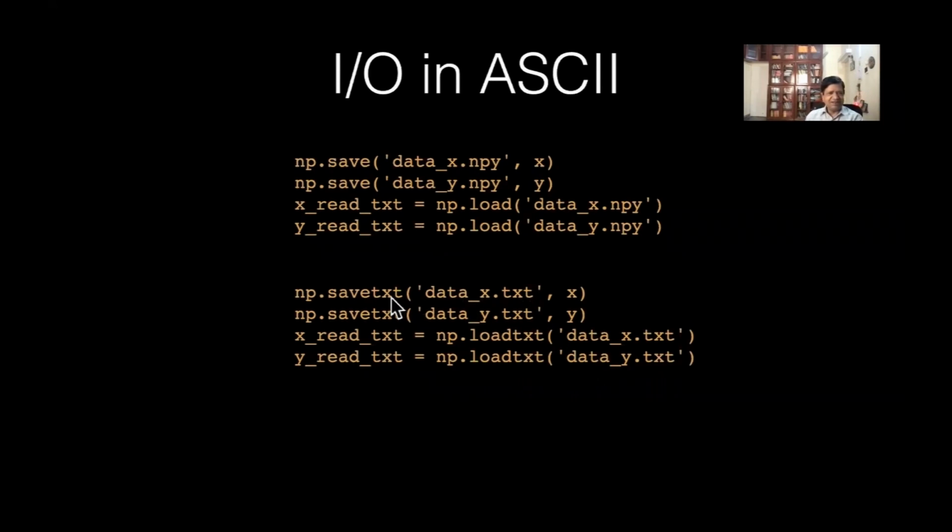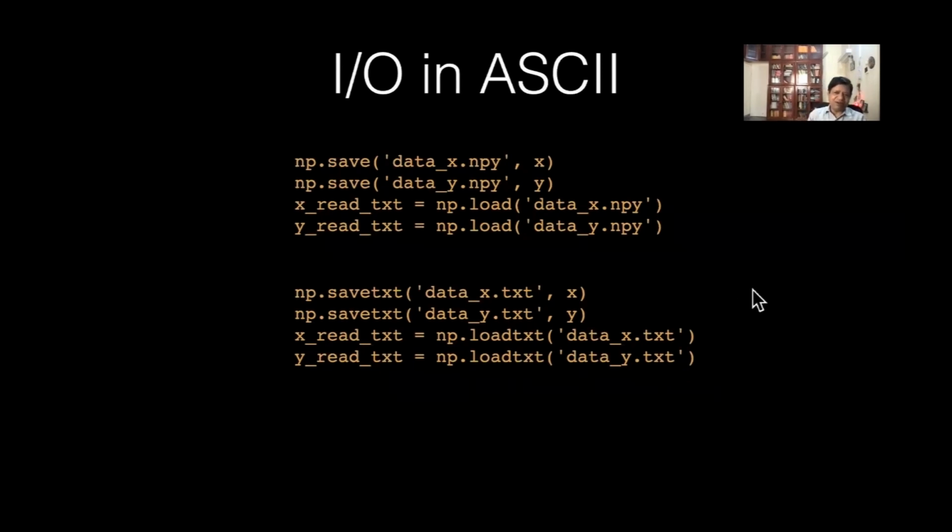So we can save as text, and we can load from the hard disk to memory with loadtxt. So np.loadtxt will do it. These two are basically equivalent, similar operations. If your data is not too big, we can simply work with load and save, or savetxt and loadtxt.